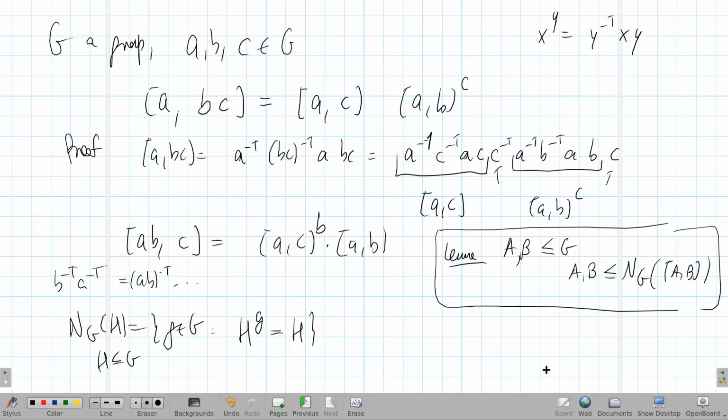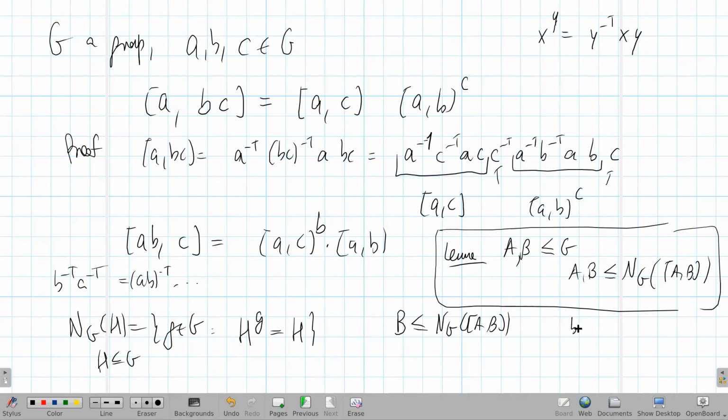Well, let's prove, for instance, that B is contained in the normalizer. So you prove that B is contained here in the normalizer by using one of the two identities, and then you use the other one to prove that A is contained. And let me check whether, yes, I have to use the first one, okay?